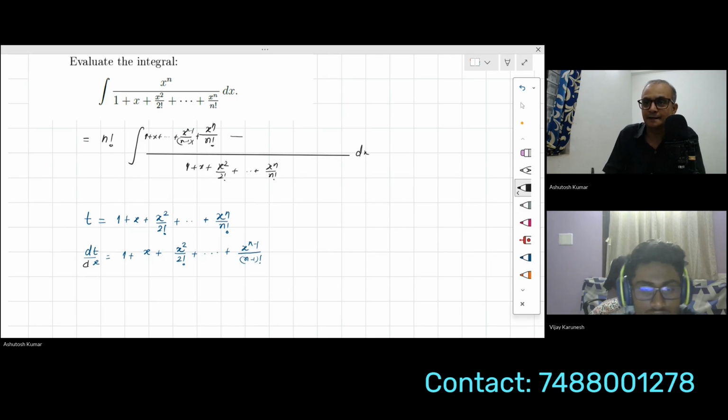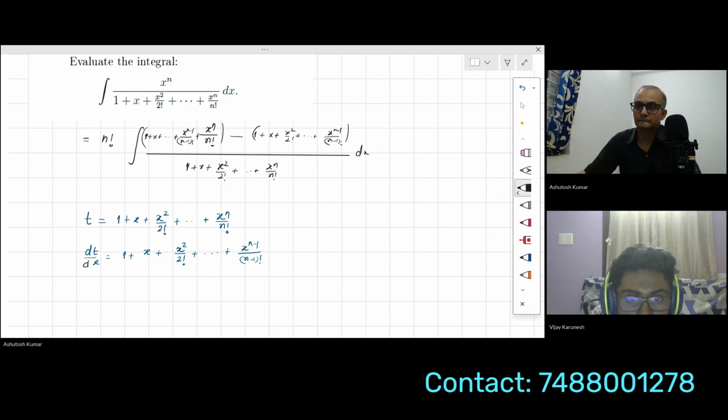And I'm subtracting the same quantity: 1 plus x squared by 2 factorial till x to the power n minus 1 by n minus 1 factorial. Is it convincible? Yes, sir.